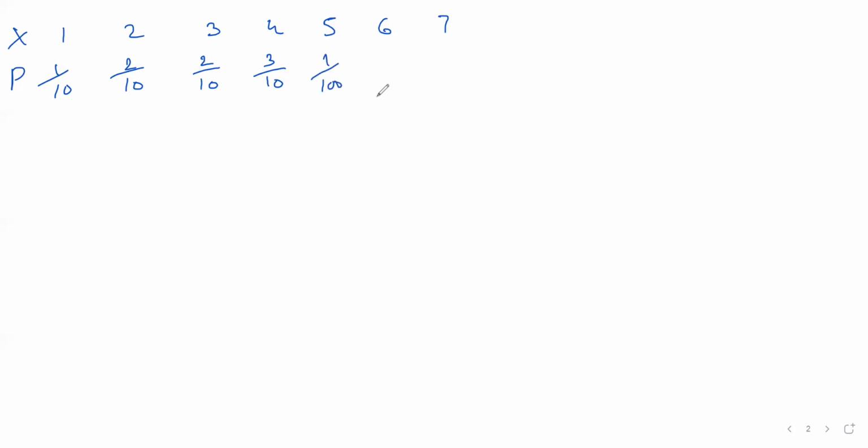Now we'll write down the entire probability distribution as 1, 2, 3, 4, 5, 6, 7, and probability is 1 by 10, 2 by 10, 2 by 10, 3 by 10. K square will become 1 by 100, 2 by 100.